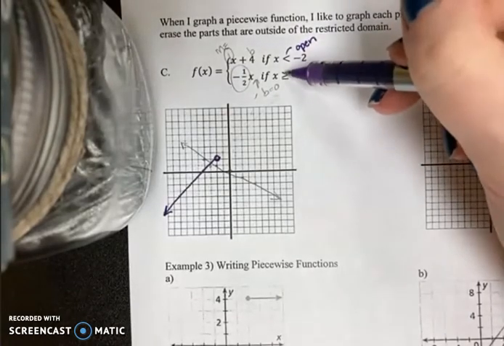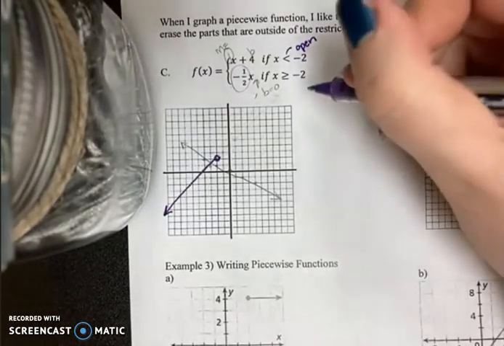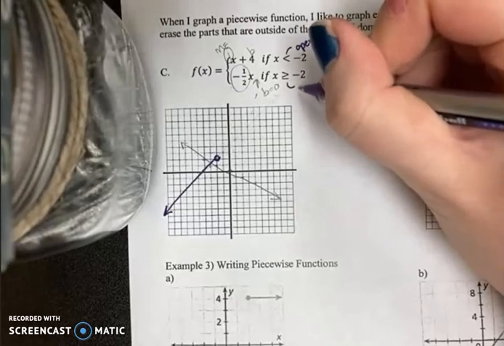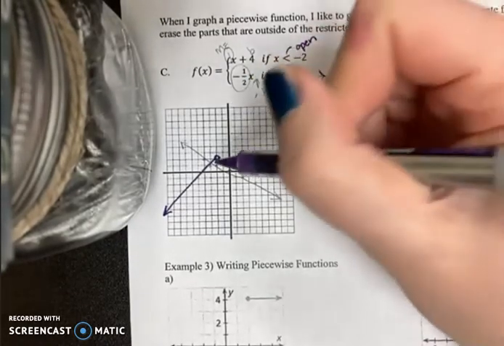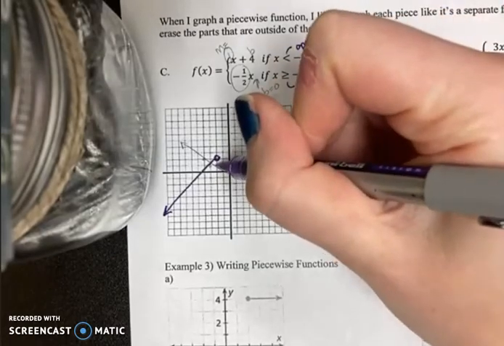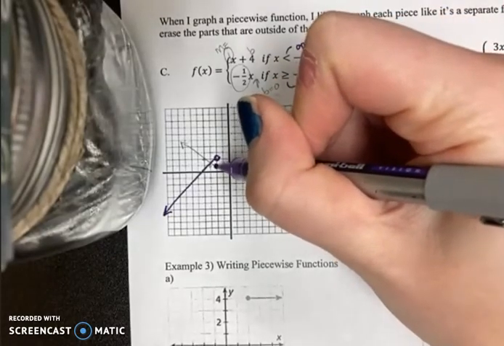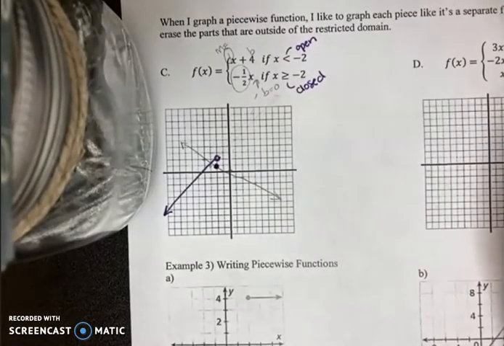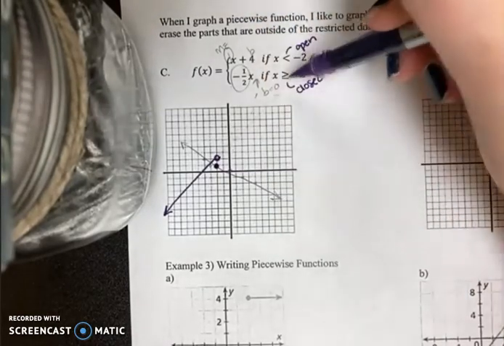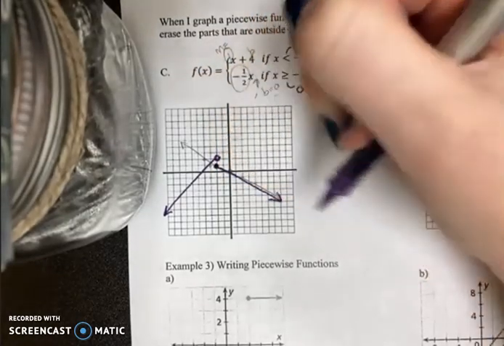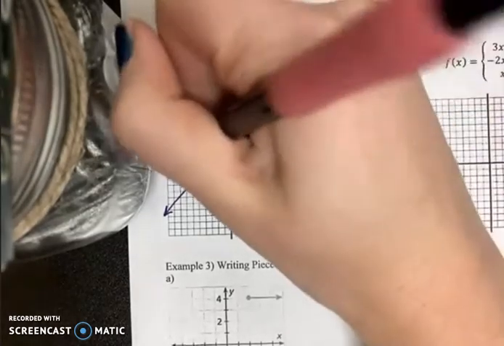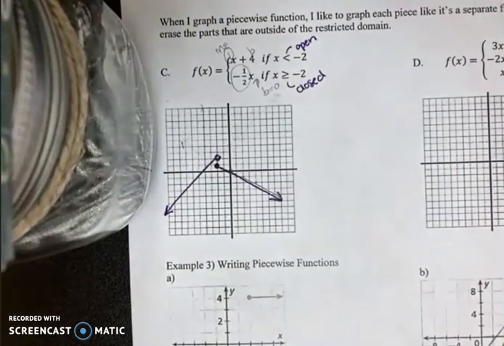And then it's when x is greater than or equal to. So because it says or equal to, we're going to have a closed circle where we see our function. Here's -2. Here's my function. I'm going to have a closed circle that's included. And I want to use the right-hand side because these are the x values that are greater than -2. And I can erase the part I no longer need. So there's my piecewise function.